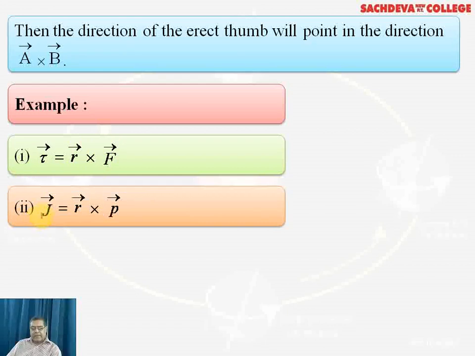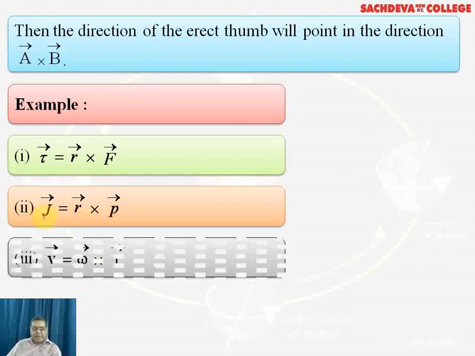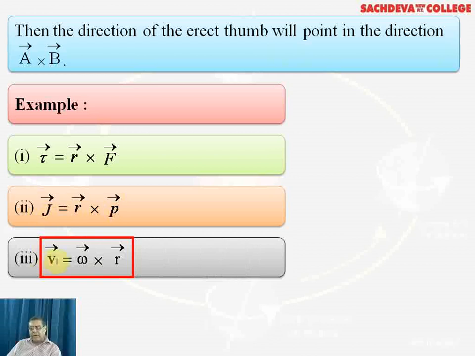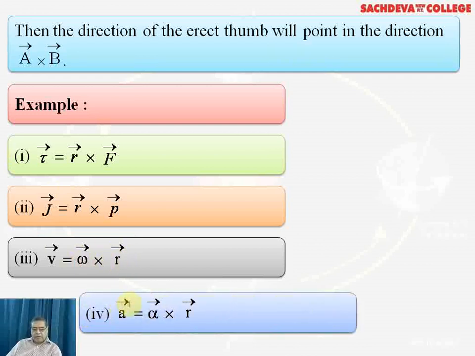The second example is the cross product of R and P, which gives the value of vector J. Now we come to the third one, the velocity vector, which is the cross product of omega and R. Omega is the angular velocity and R is the radius of rotation. Now the fourth, that is acceleration. The vector acceleration is given by the cross product of alpha and R.